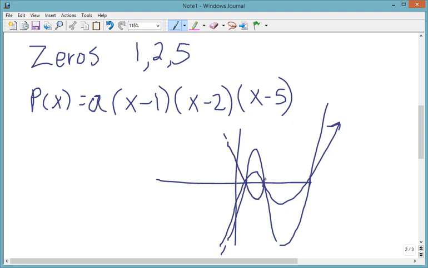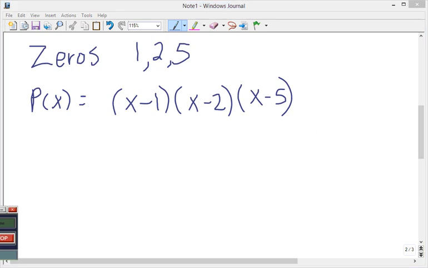Or I could switch it around this way, right? And all that would just depend on what that a is. Let's just let a be 1 for a minute, and let's think about this polynomial and what we know about its graph.